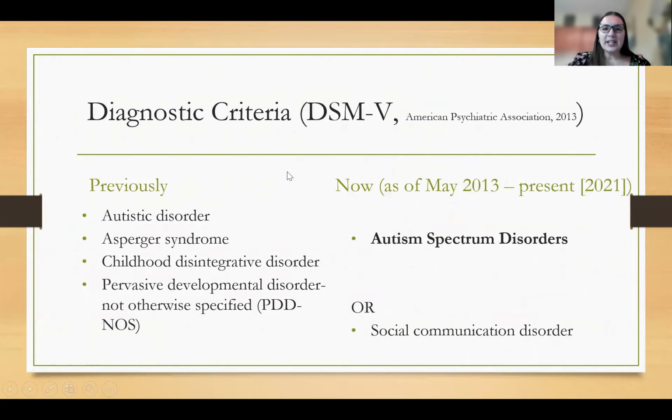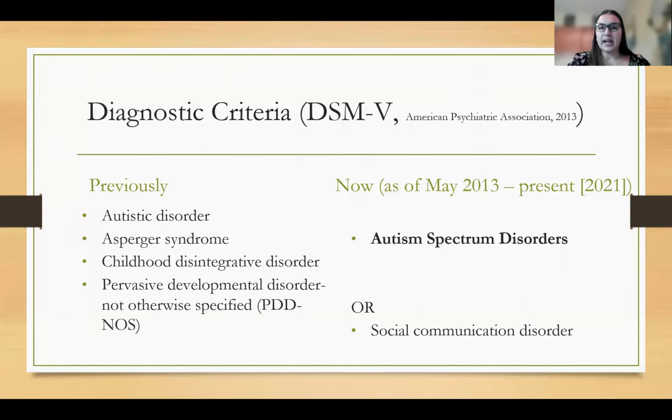So let's start by saying what used to be categorized as what are now called autism spectrum disorders. Prior to 2013, there were many different categories that are now all lumped under the collective title of autism spectrum disorders. So someone might have had an autistic disorder or been diagnosed with autism. They might have been diagnosed with Asperger's, childhood disintegrative disorder, or PDD-NOS.